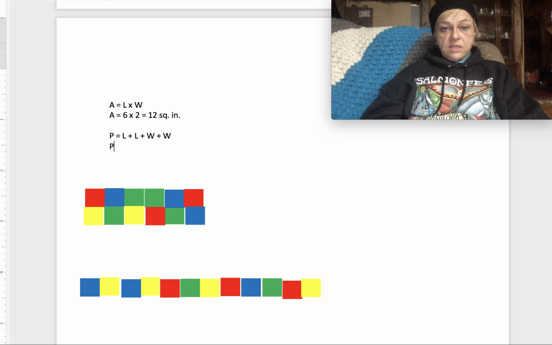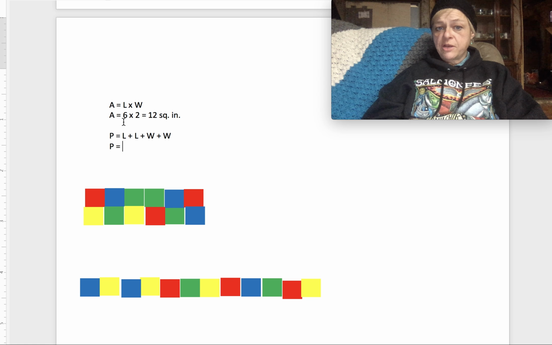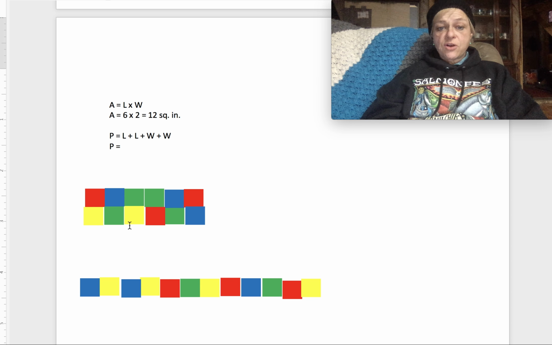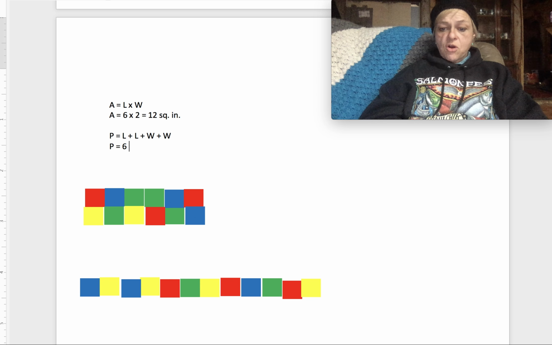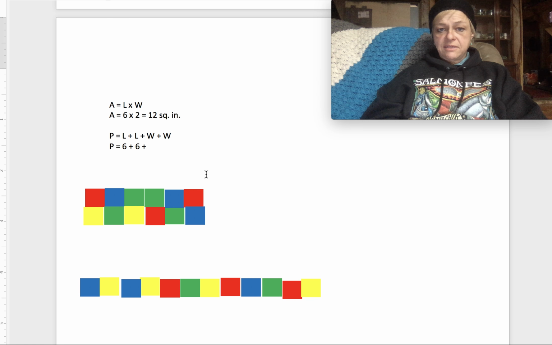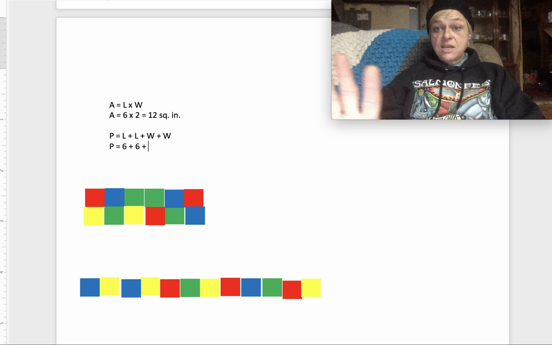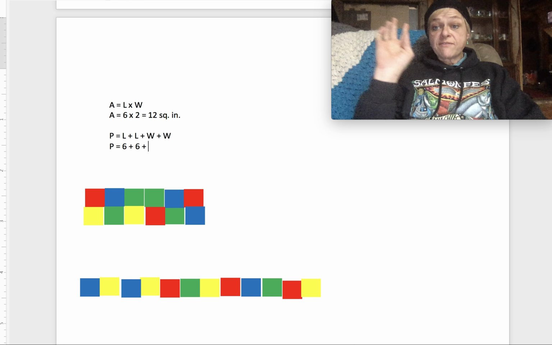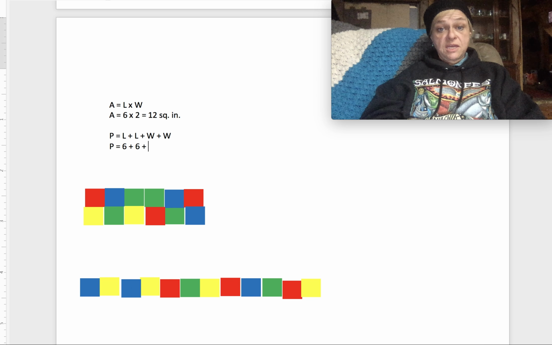So let's plug in those numbers that we just talked about when looking for the area. We found out that the length of this shape was 6. But not only are there 6 here, there are 6 on this side also. So there are 2 lengths, and they are 6 and 6. Now we have to add those to both sides for the width. Remember, a rectangular shape has 4 sides. So in order to find the perimeter, we have to punch in a number for every one of those 4 sides.